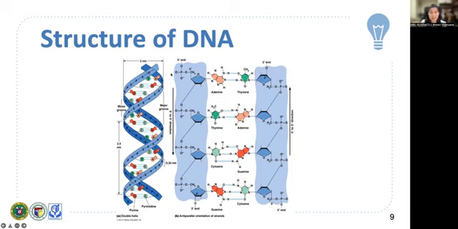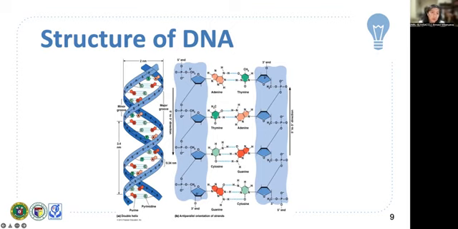DNA is always read in the 5' to 3' direction. 5' is where you always start. So as you can see, this strand goes 5' to 3', and then in the opposite direction, its complementary strand goes 5' to 3'. And as you can appreciate here, your DNA has a sugar phosphate backbone.